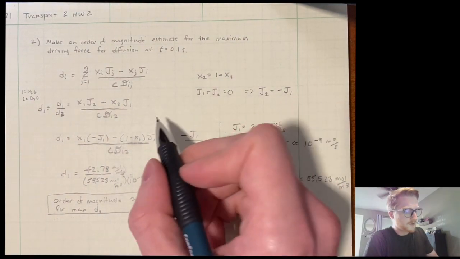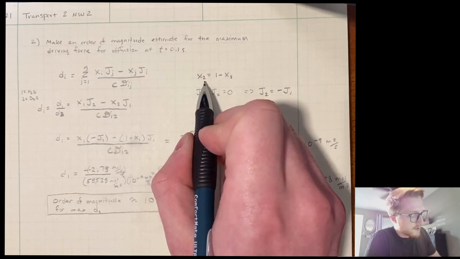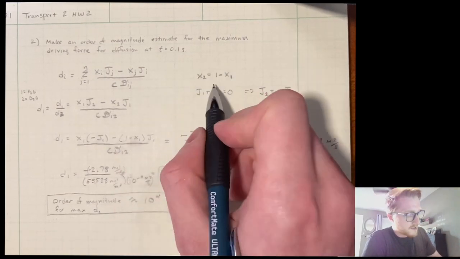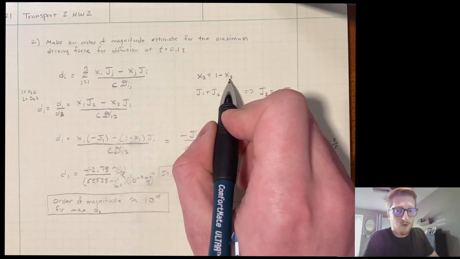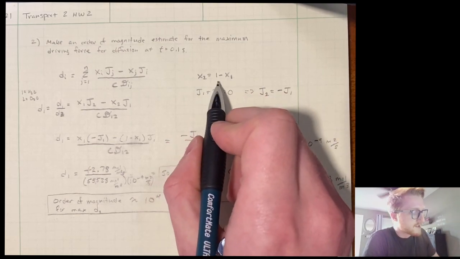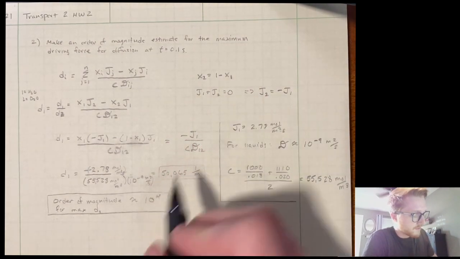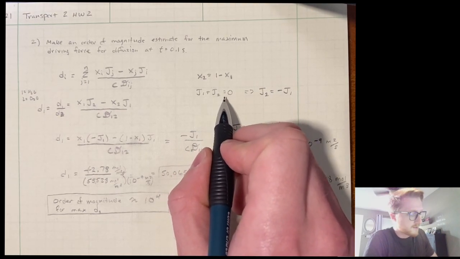To simplify this equation a little bit further, we know that the mole fraction of any component, in this case we're going to say 2, is equal to 1 minus the mole fraction of the other component. So the mole fraction of 2 is equal to 1 minus the mole fraction of 1. We also know that the molar diffusive fluxes have to sum up to 0.